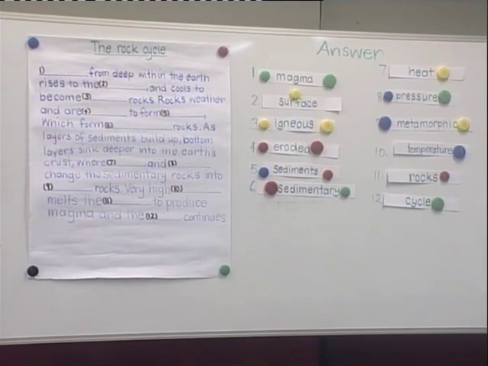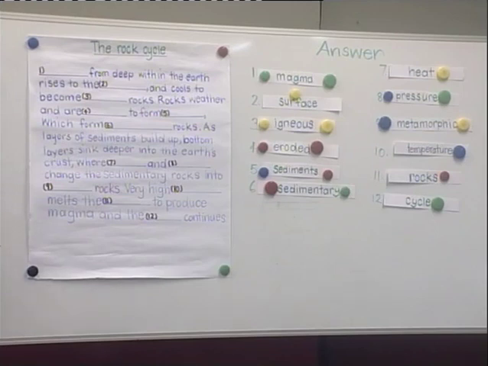Now, class and receiving students, check to see that you have those words written in the spaces that you were supposed to fill. So let's just go through quickly. It says, magma from deep within the earth rises to the surface and cools to become igneous rocks. Rocks wither and are eroded to form sediments, which form sedimentary rocks.